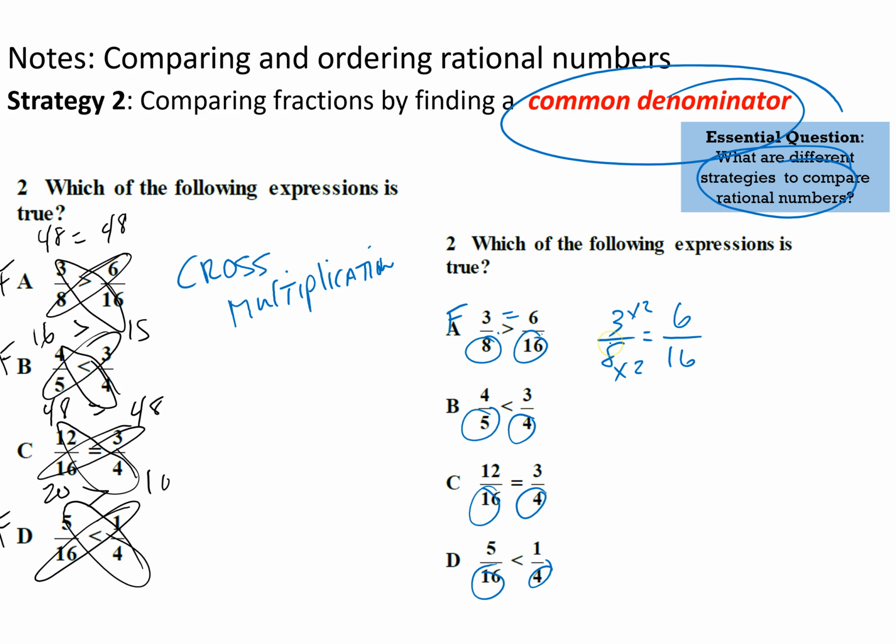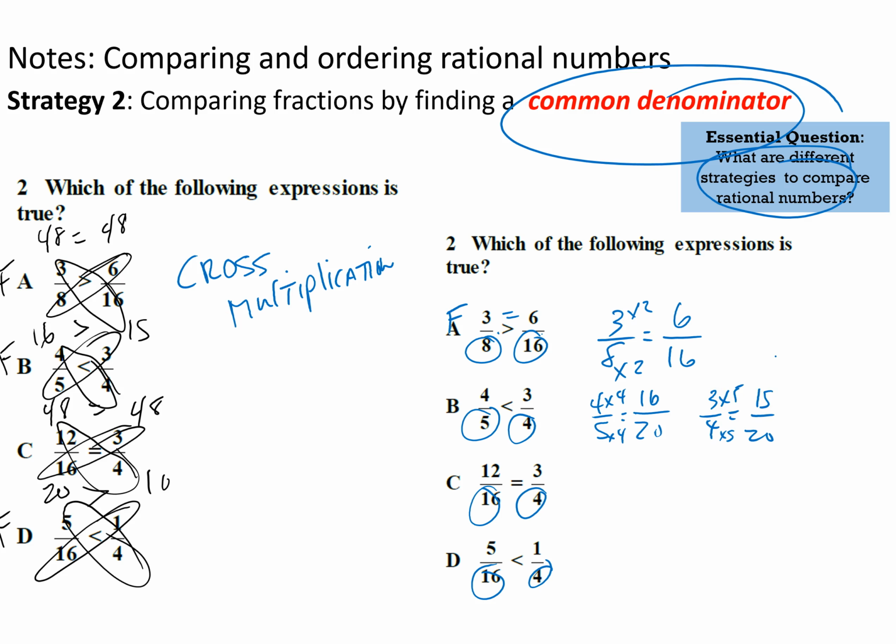Now this one I have to convert both of them because my common denominator is actually going to be 20. So I take 4/5 equals how many 20ths, and 3/4 equals 20ths. How many 20ths? So times 4 gives me 16, times 5 gives me 15.